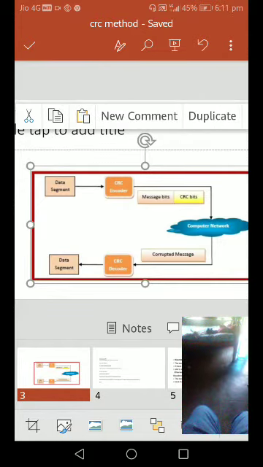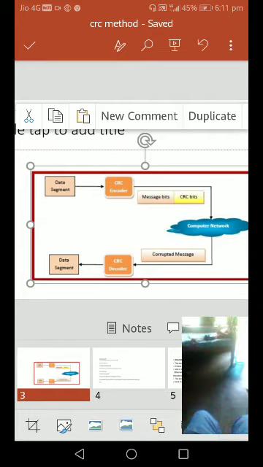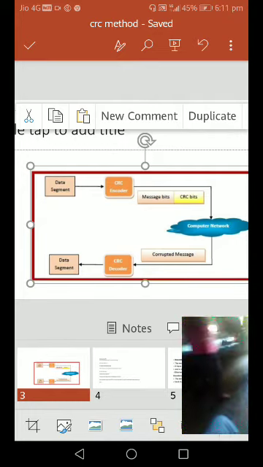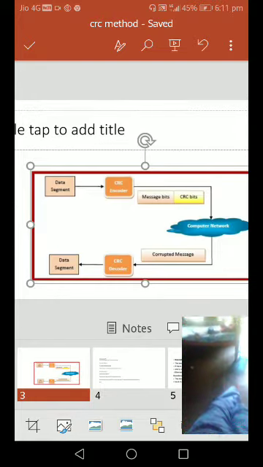In computer networks that use the CRC, the data transmitted is the message bits and the CRC bits. The data segment goes to the CRC encoder.